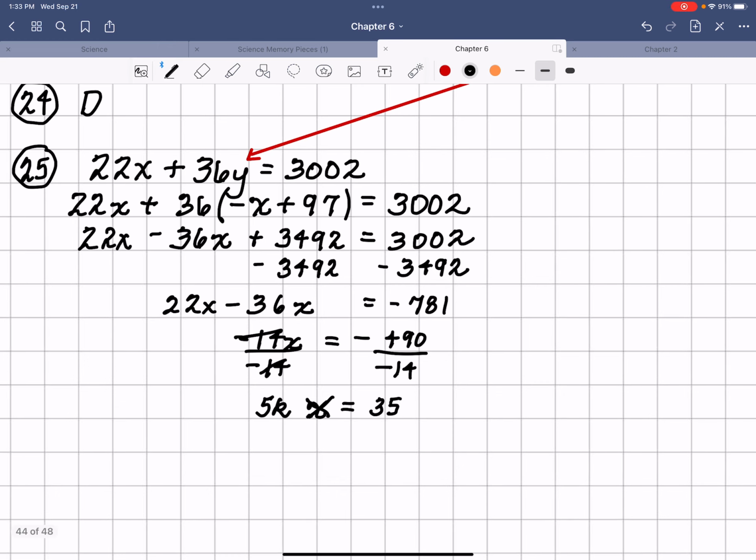And then to get your 10Ks, we just have to say the 97 runners minus 35 runners is, I'm not even going to chance it, 62 of the 10Kers. So the 5K runners were 35, the 10K runners were 62. And so which of those answers match that description? Be careful with D. I almost bit the bait, but it's E. There are 35 for the 5K and 62 for the 10K.